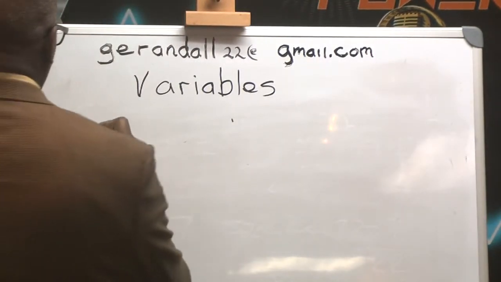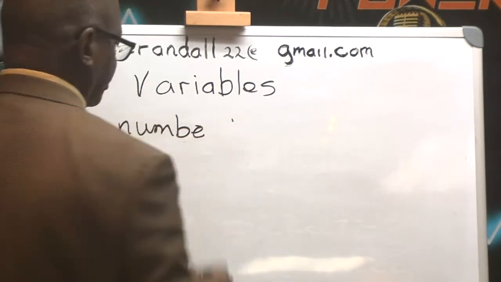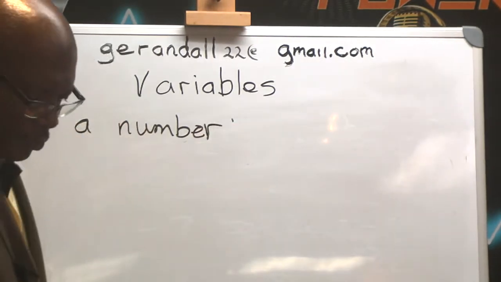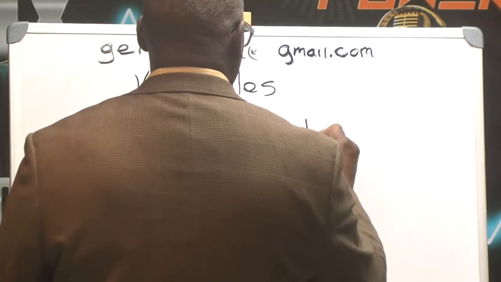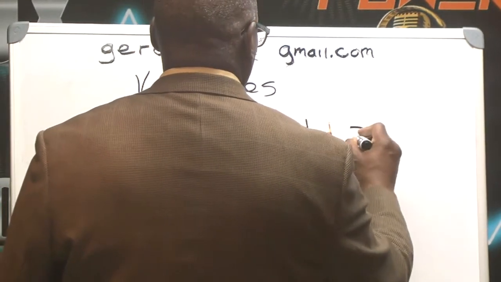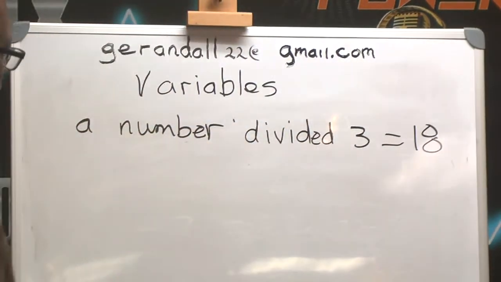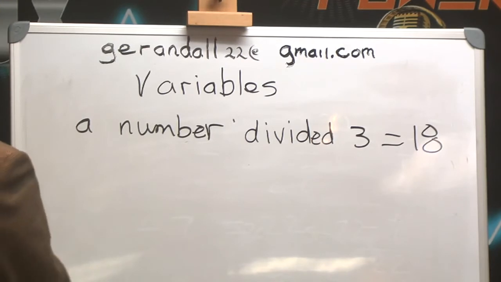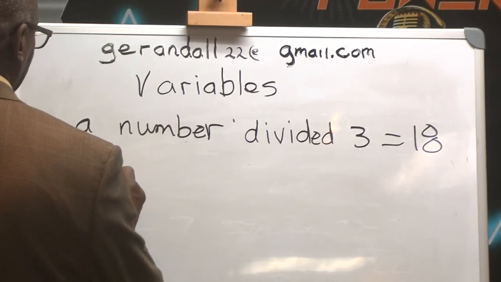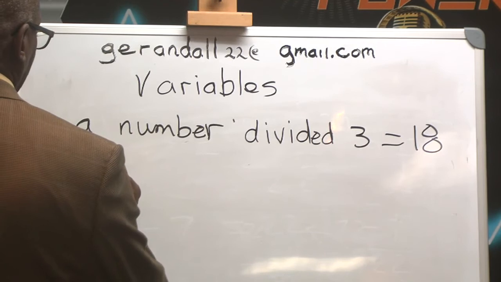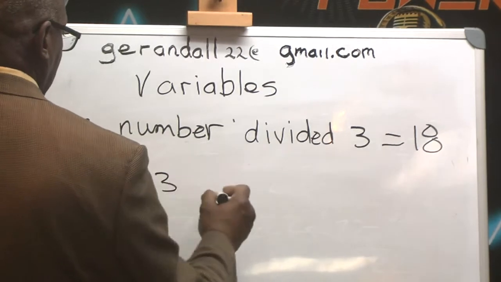And again, a number divided by three equals 18. So we got a number, m. We used m before. Let's use w. w divided by 3 equals 18.